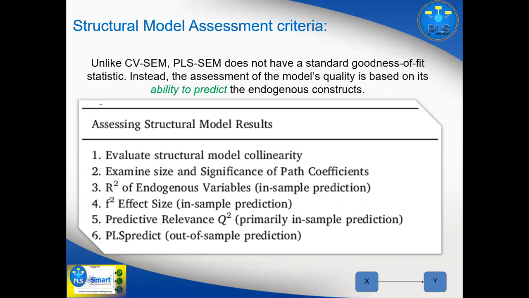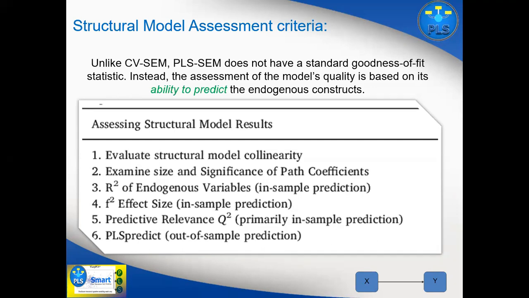All these you must achieve in CB-SEM to achieve the goodness of fit. But in PLS-SEM, your aim is not that you want to test theory. In this case, you assess your model quality based on its ability to predict the endogenous construct.